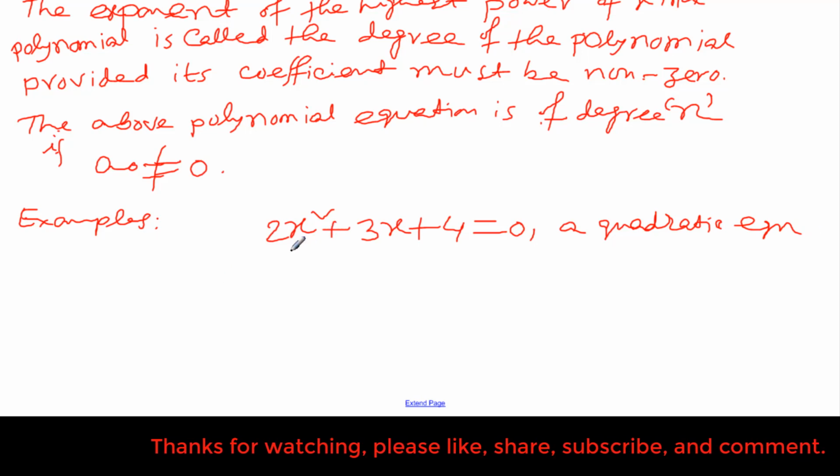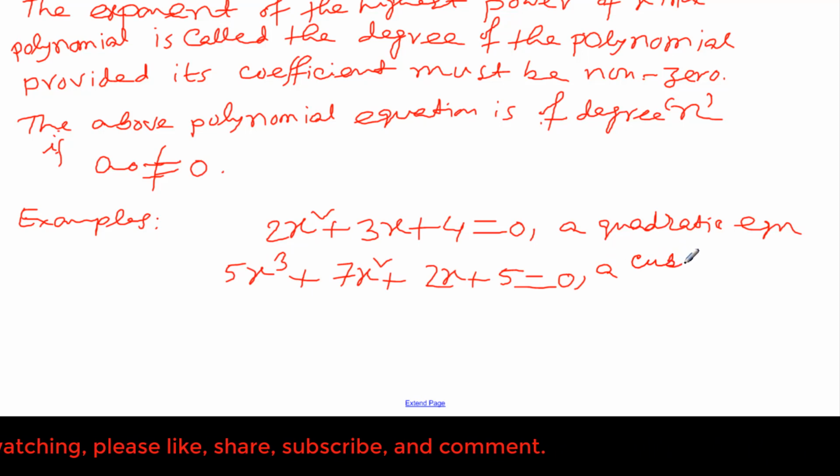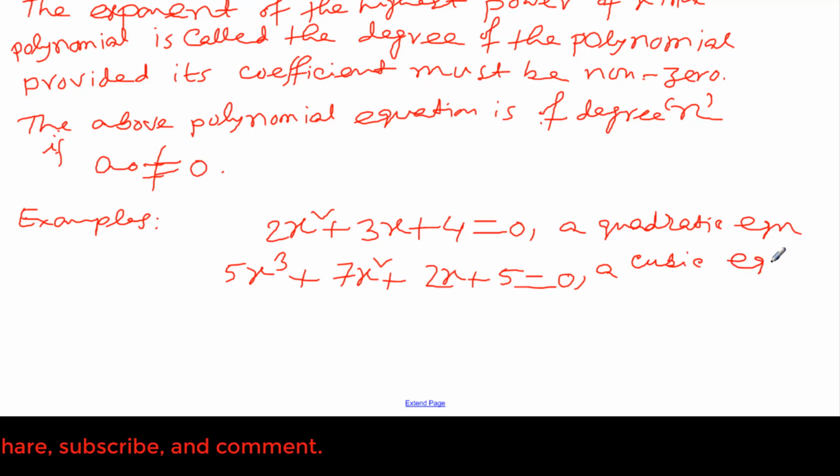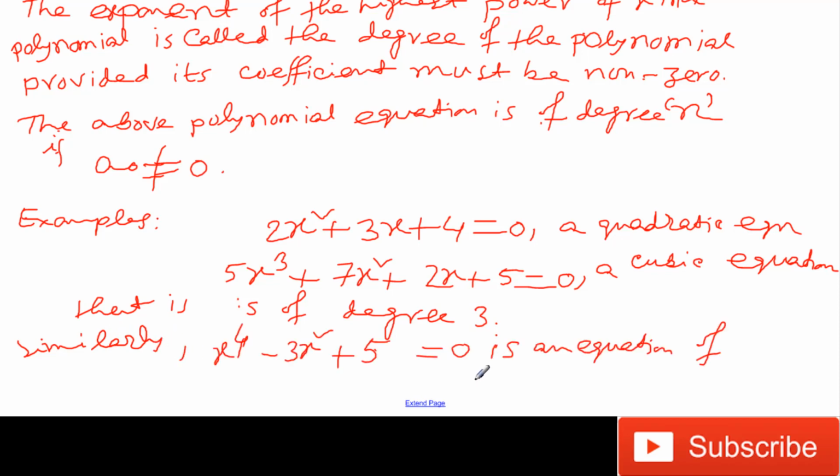Examples of polynomial: 2x square plus 3x plus 4 equal to 0 is a quadratic equation. 5x cube plus 7x square plus 2x plus 5 equal to 0 is a cubic equation, that is, an equation of degree 3.